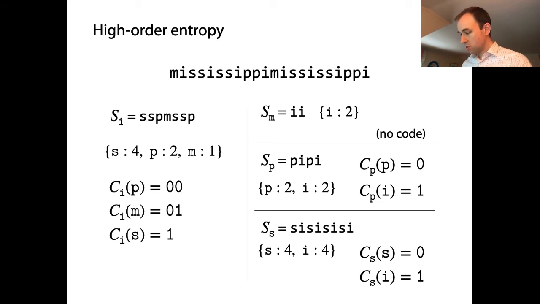Okay? So those individual codes are pretty simple, which stands to reason because once we condition on the context, not only is it a smaller set of characters we're now worried about, but we have created a somewhat more homogeneous, more predictable set of characters, because it's just the ones that have a particular left context.